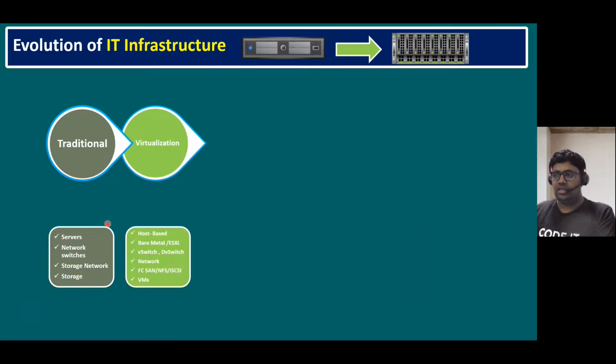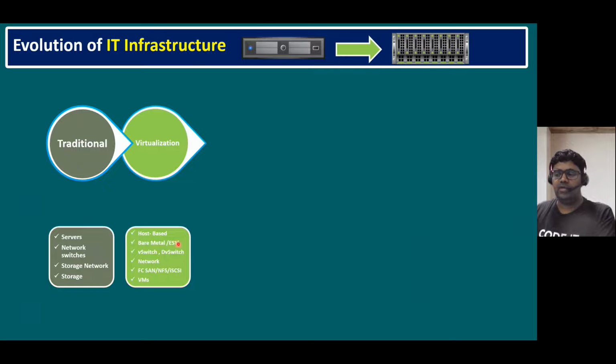And later on, the traditional infrastructure is enhanced or improved to virtualization. So evolved is nothing but developed. So the traditional architecture is developed to virtualization. Within virtualization, we have concepts called host-based virtualization and bare metal virtualization.